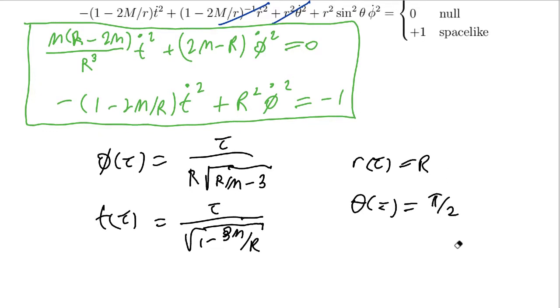So this is the explicit solution for a time-like geodesic at a constant value of r and in the equatorial plane. But actually the information we need for our present purposes is all contained in this equation right here.